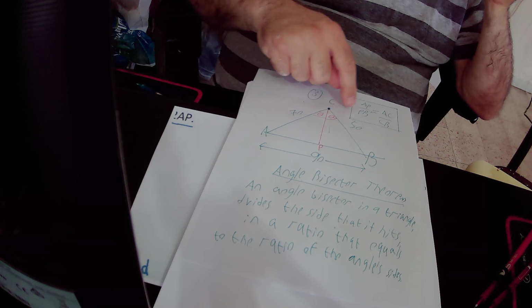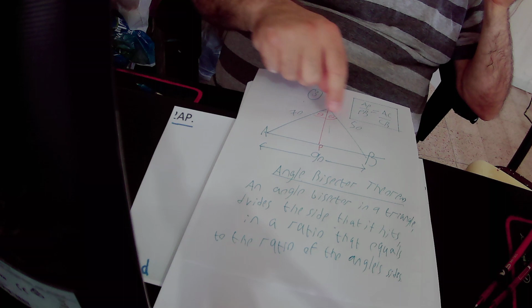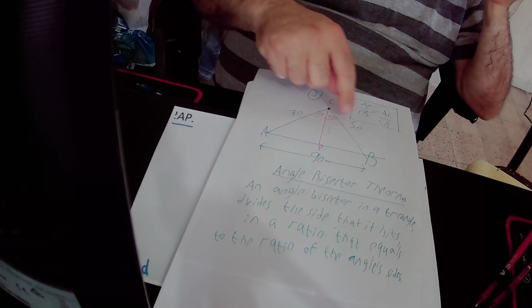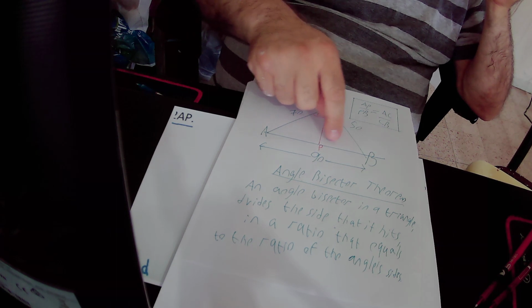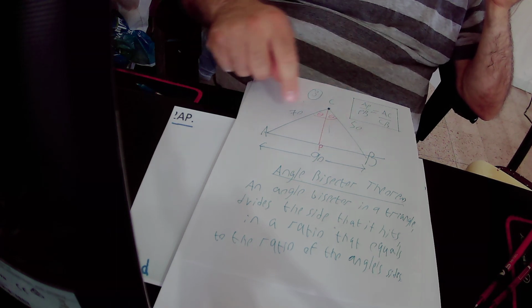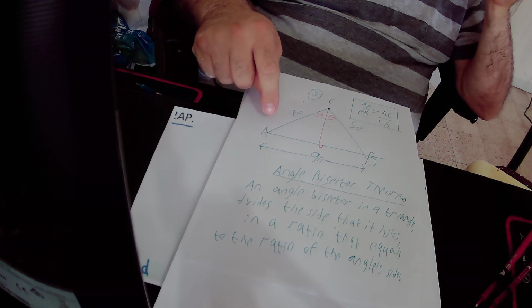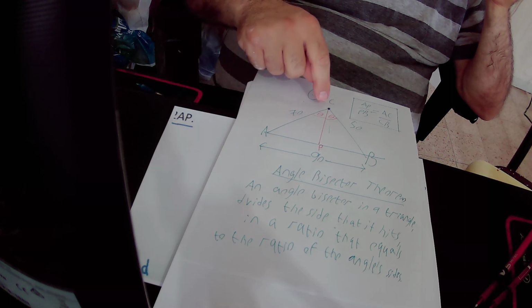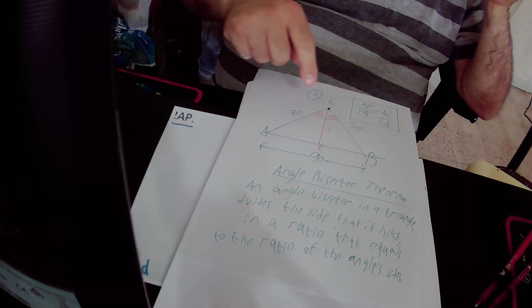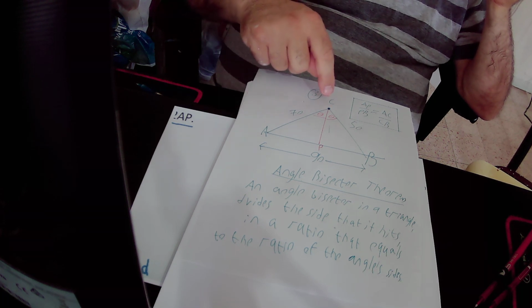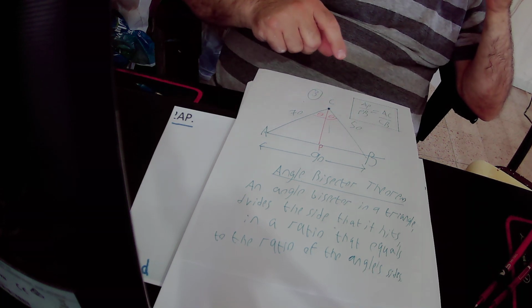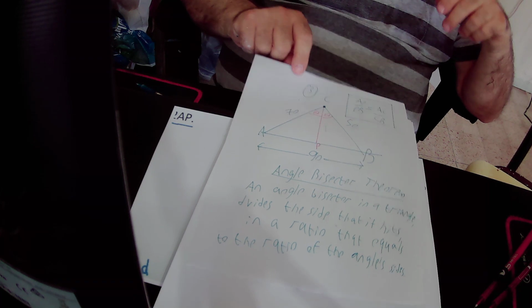The angle sides ratio is AC over CB. So AP over PB equals AC over CB. Okay?